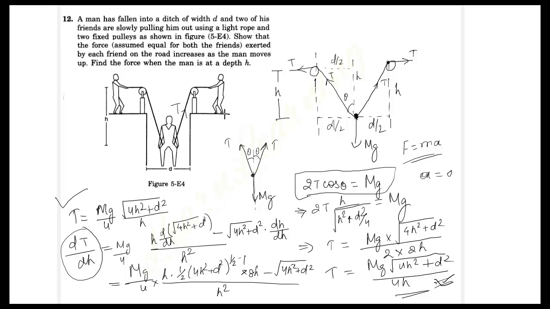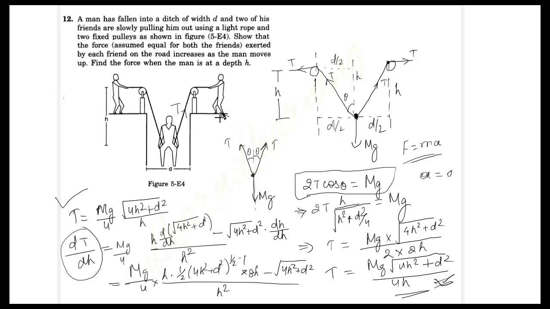If each person is exerting some force on the road, because if they are not exerting force on the road, they cannot lift the man. There will be a friction force; in the actual case, we'll learn in the next chapter that the force this man is applying on the ground is the friction force.